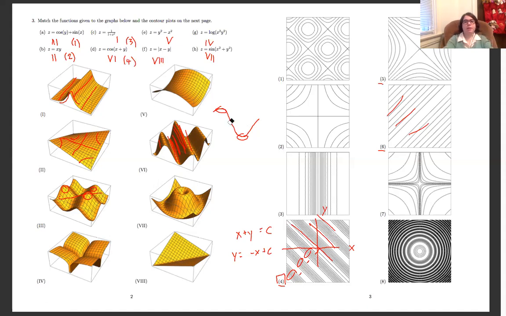Let's erase my nonsense and look at the next one, which is E. E is y squared minus x squared, and that corresponds to graph V. And so I want to think about taking slices in Z. And again, I'm thinking that when I take slices in Z, I'm going to get hyperbolas back again.